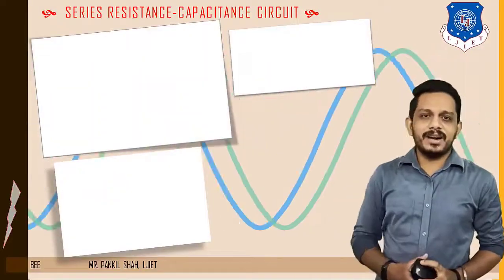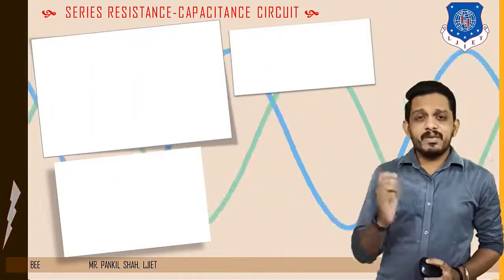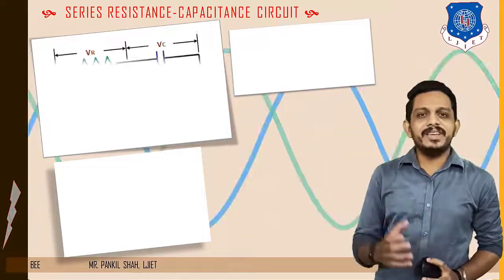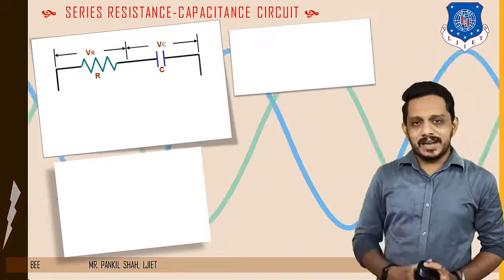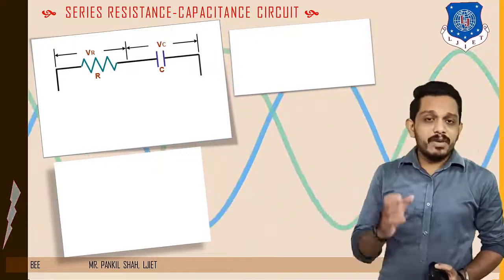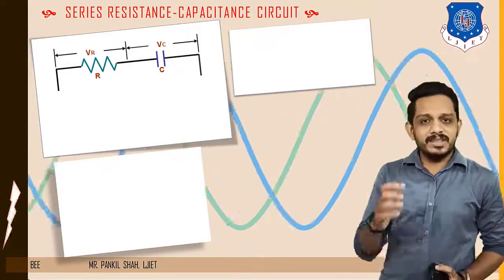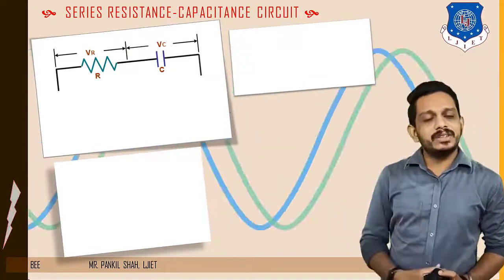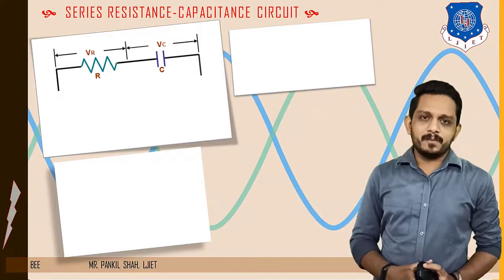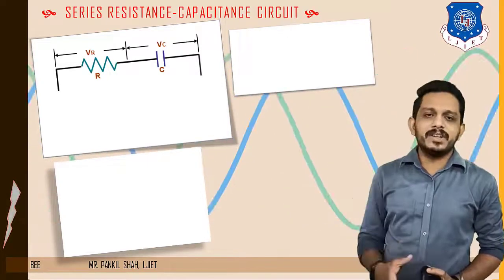So now let's start. First, we have to consider a series RC circuit. To consider a series RC circuit, we have to take one resistor, you can see in this figure, and one capacitor which is connected in series with it. So this is nothing but a capacitor only.